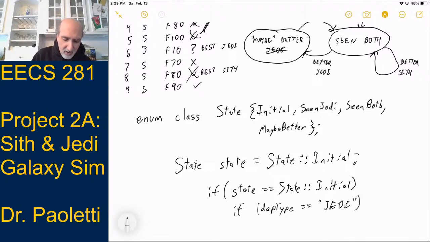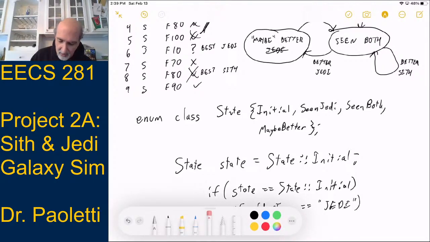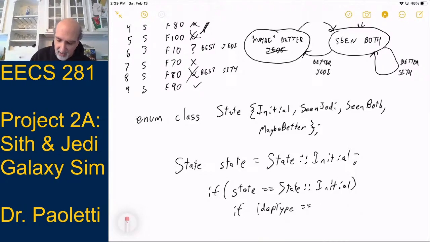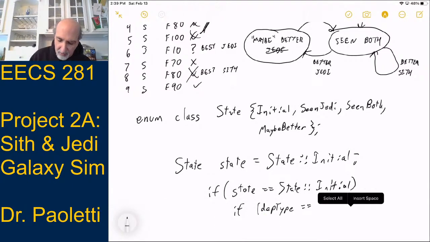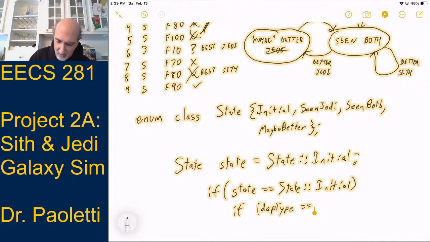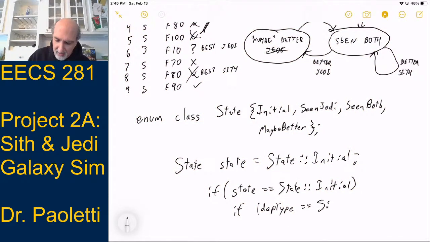Or I could go a step further, because I read it in as a string, but then I remember it as an enum. Like if deployment type is equal to Side::Jedi. I could have an enumerated type for a type of deployment. So I read it in as a string, but I remember it as an enumerated type. That one's not important. You don't have to do that. But you do want to do the states as an enum.